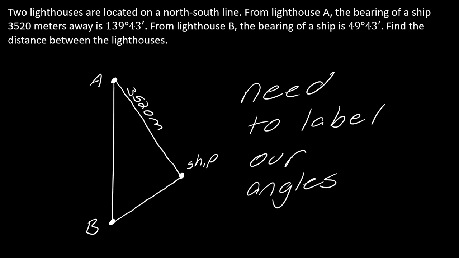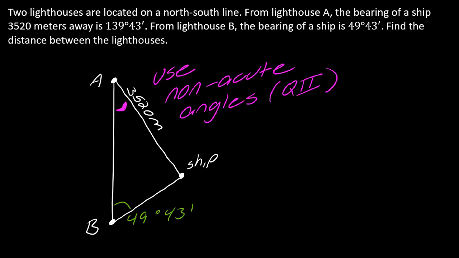And from here, now we need to label all of these angles in this triangle. This part is pretty easy because we can just use that 49 degrees and 43 minutes. This angle here, we have to use what we know about non-acute angles.